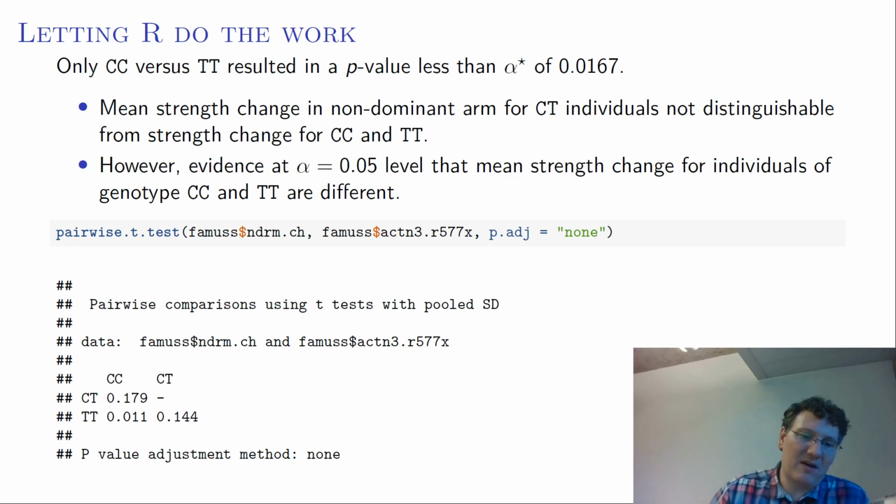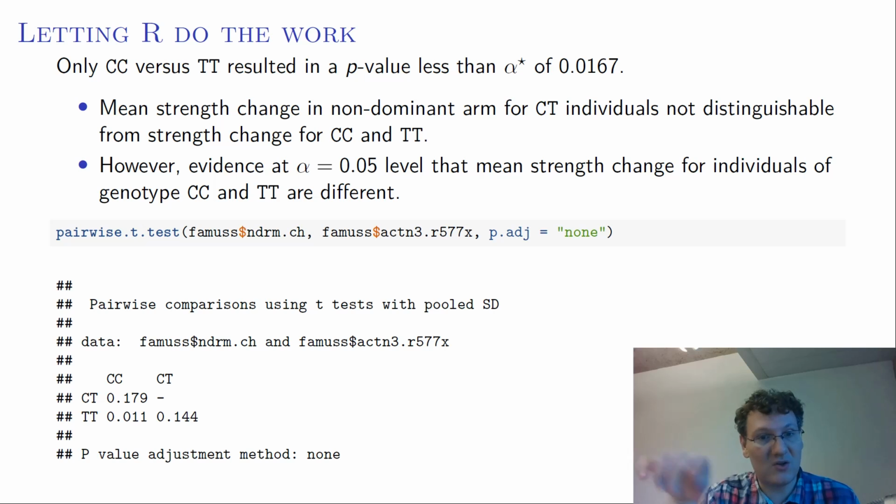We'll be looking at these p-values and using alpha star. Now, there are ways to adjust the p-value so you could have all of these p-values adjusted so that you compare them all to 0.05. But we're not doing any adjustment method. So we're going to compare the p-values that we get to our adjusted alpha of 0.0167. We did our own adjusting.